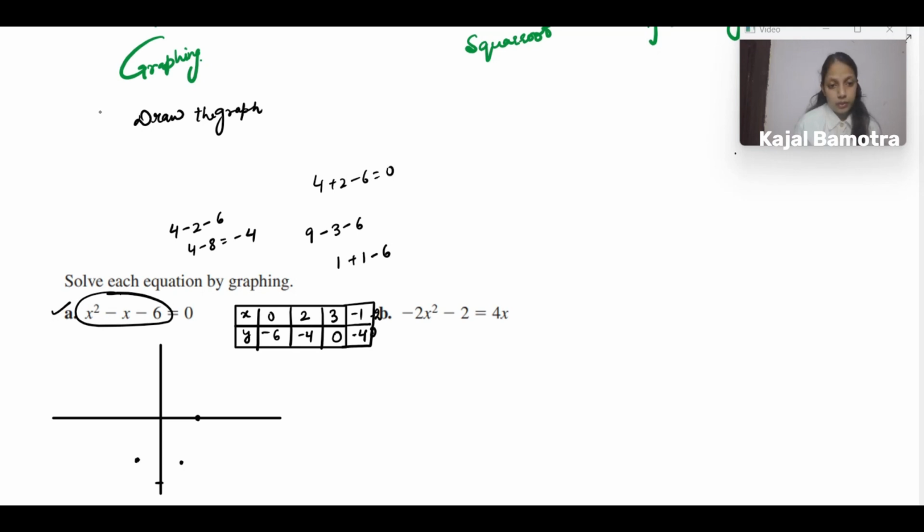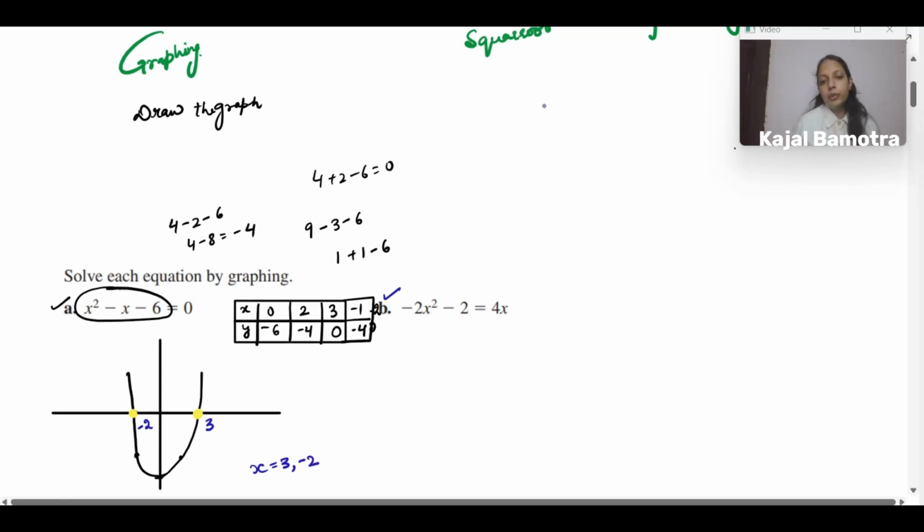Connect them. The points where it intersects are the answers. This value is 3 and this value is negative 2. So x equals 3 and negative 2 are the answers.